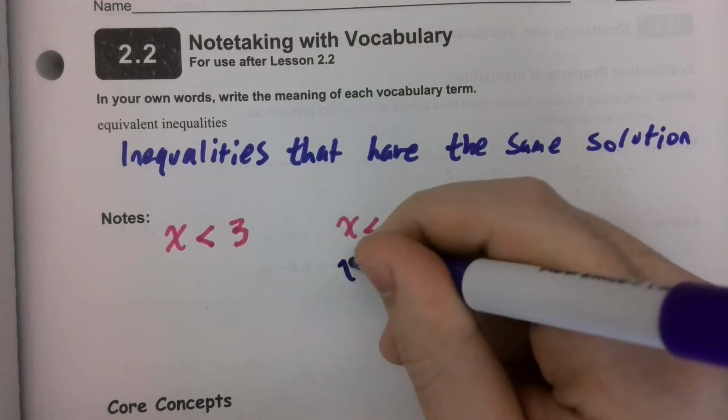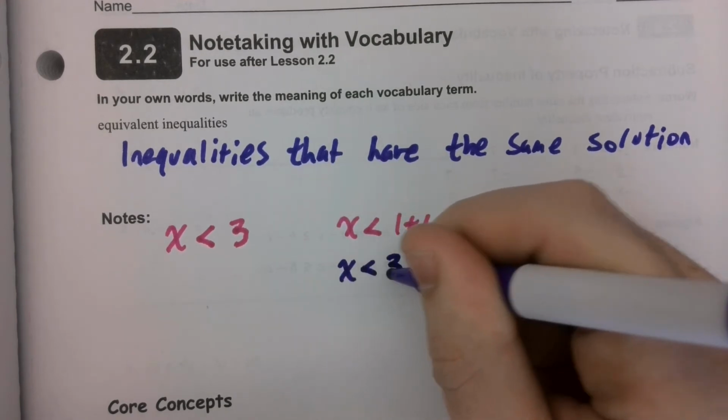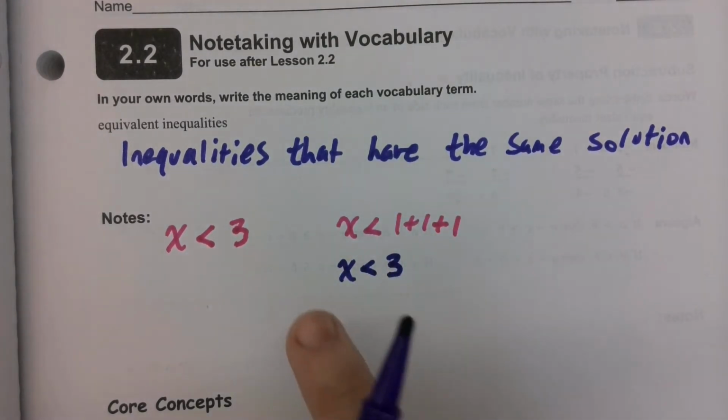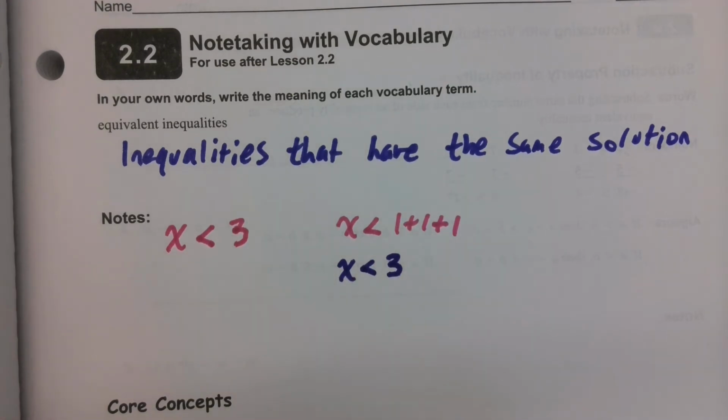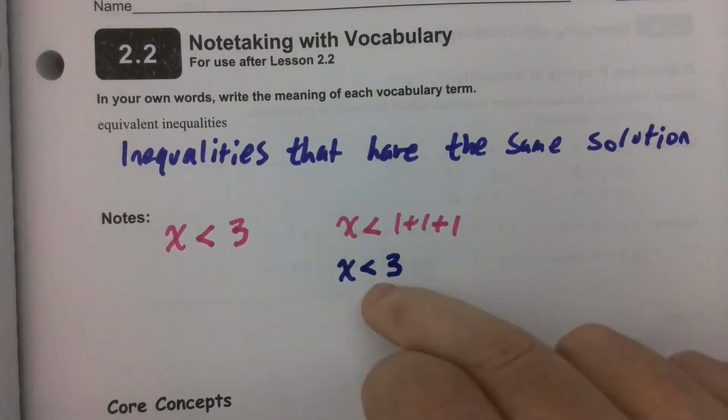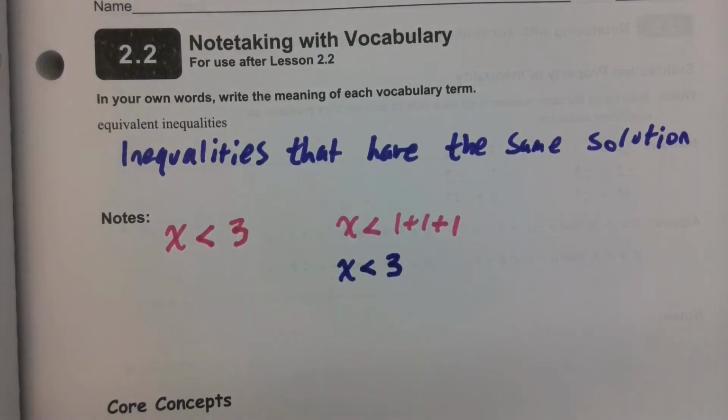It's another way of putting 3. Both of these have the same solution. Both of them are going to show us rays that don't pass through 3, but definitely start there, and go off towards lower numbers, like 2, 1, 0, -1, -2, and so on. These two inequalities have the same solution.